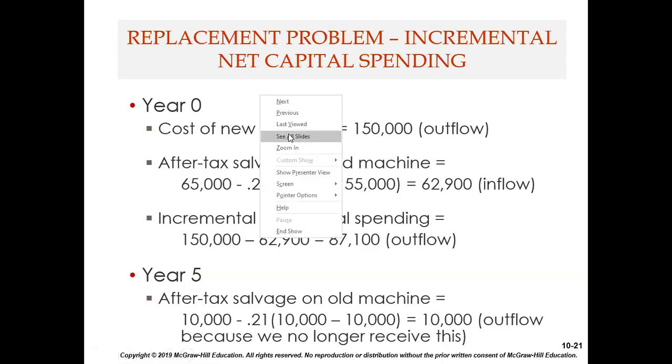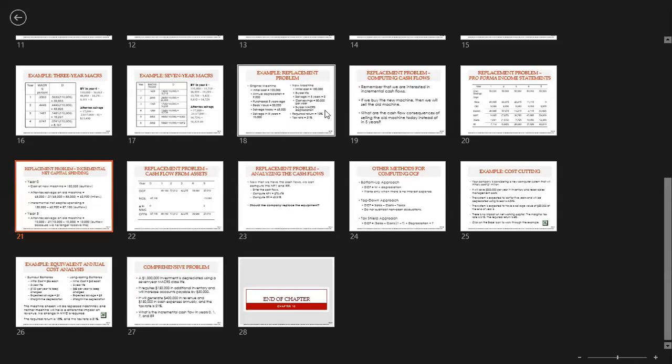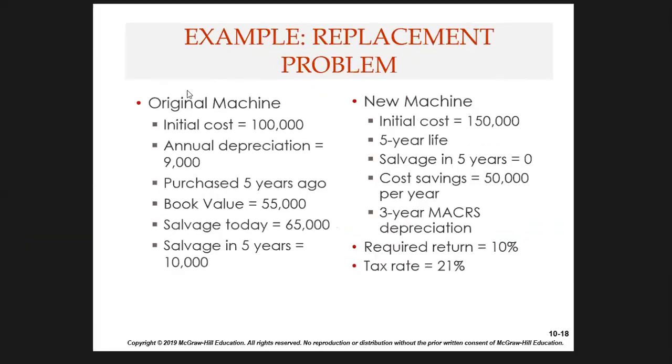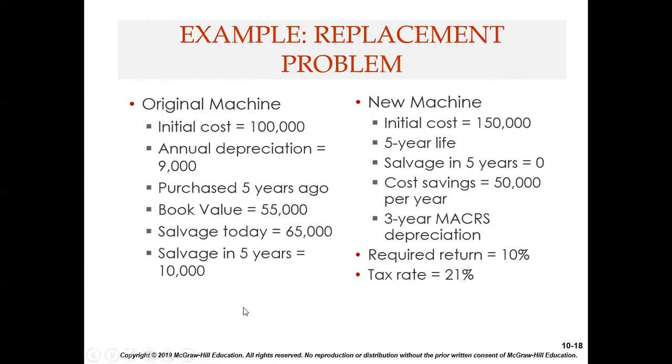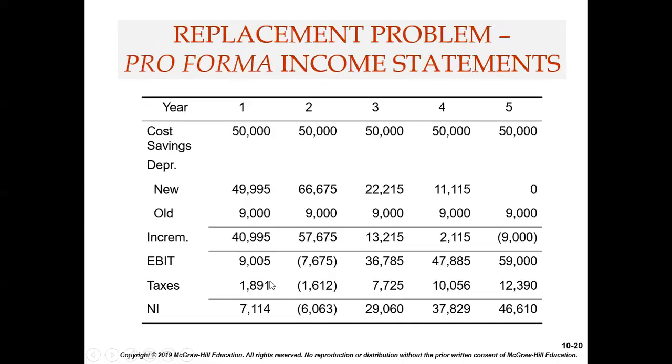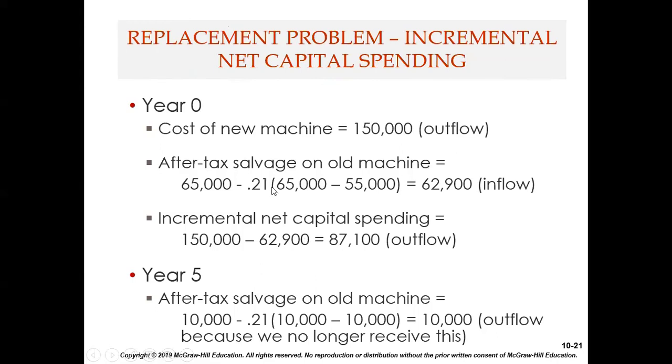So let me go back to our parameters here. Remember, here's our old machine. If we sold it today, salvage value is $65,000, book value is $55,000. So that means we'd sell it for $65,000. It still has a book value of $55,000.